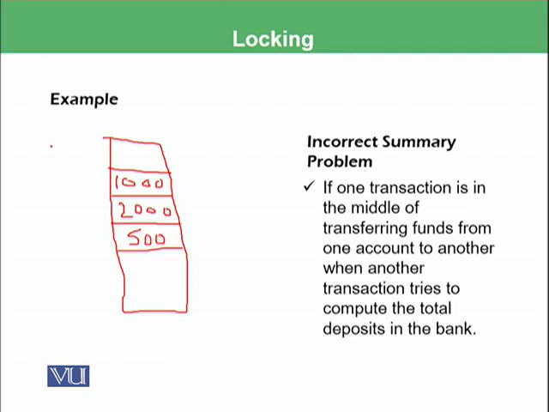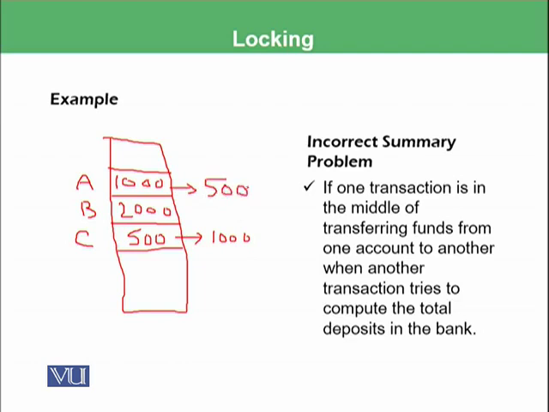Our transaction is that we want to transfer 500 from account A into account C. Here is account C, and let's say this is account B. So this means that account C will become 1000 and account A will become 500.